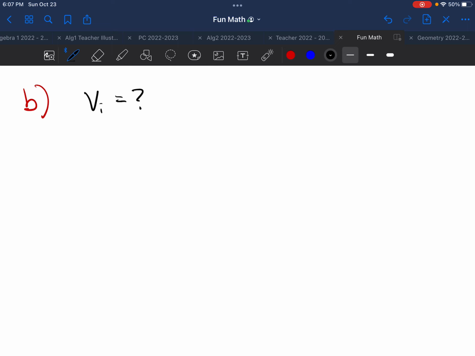So in that case, I'm going to use the equation that says to get our x position, we take the x velocity and multiply that by time. The x velocity is going to be our initial velocity times cosine of theta.